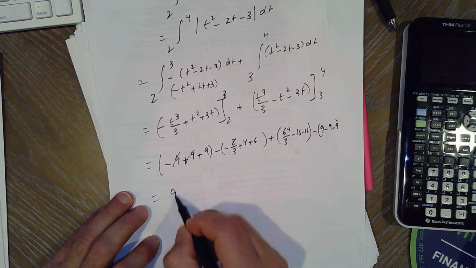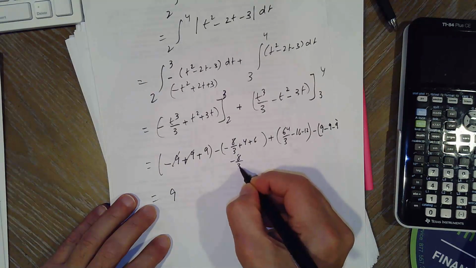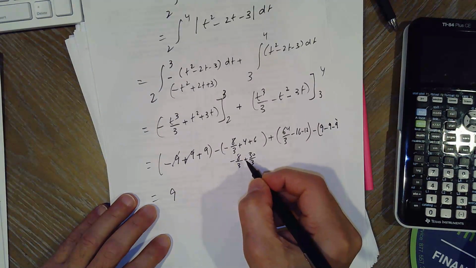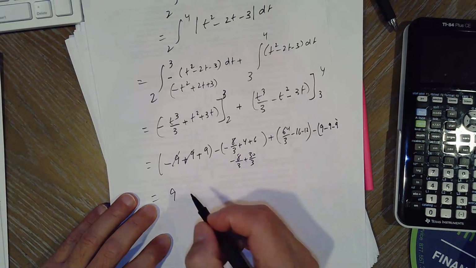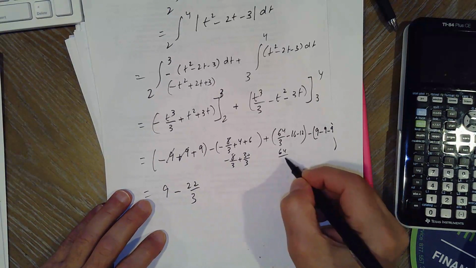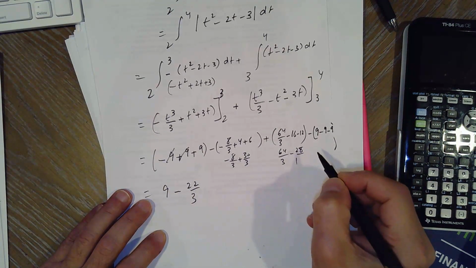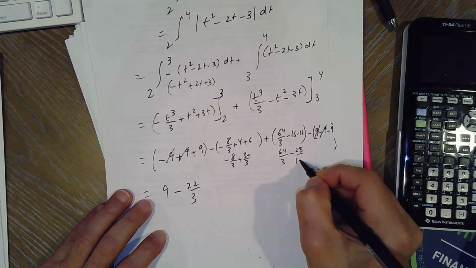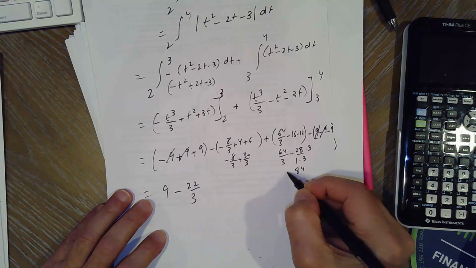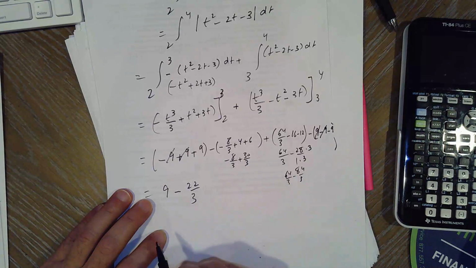So we get 9, and that's 10 minus 8/3 plus 10. 10 is 30 over 3. So that's 22 over 3 minus 22 over 3. This would be 64 over 3 minus 28 over 1, so times 3. So 64 over 3 minus 84 over 3 is negative 20 over 3.